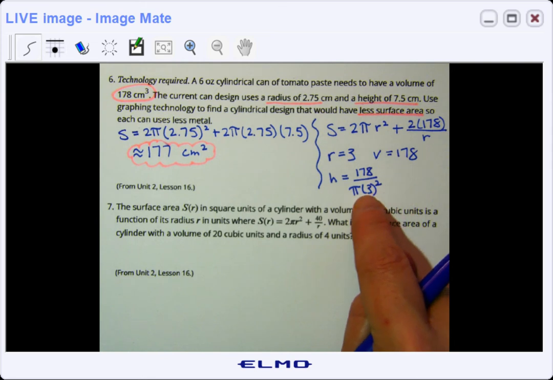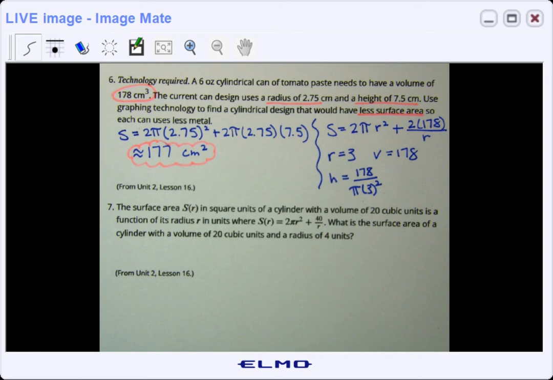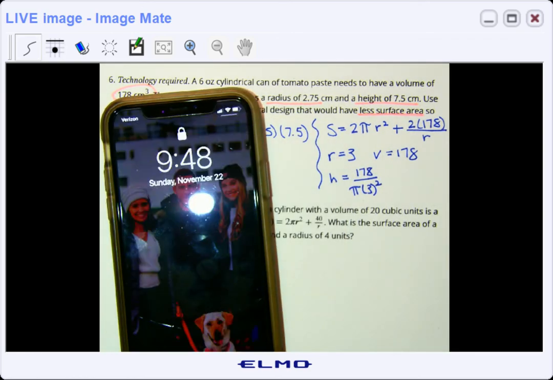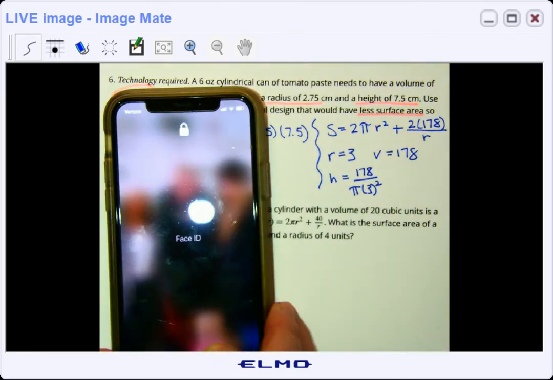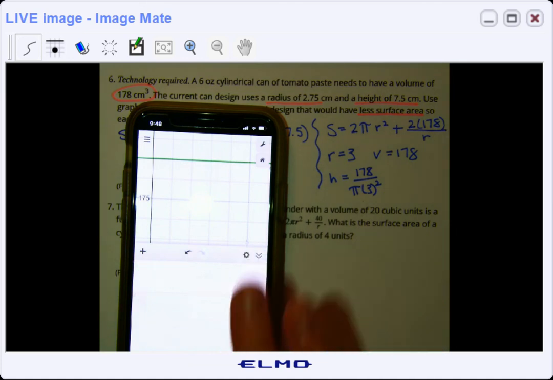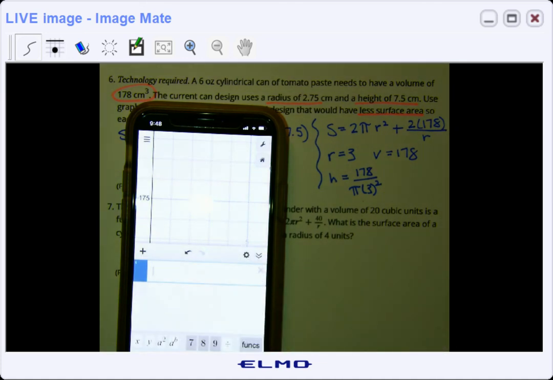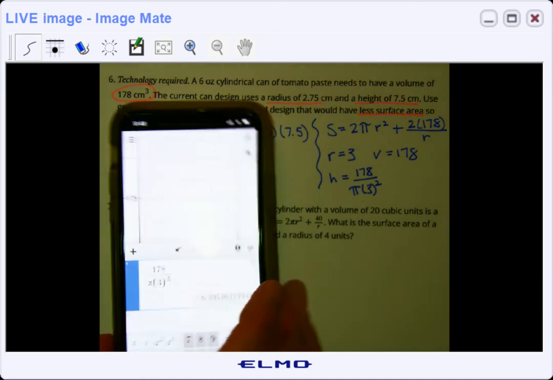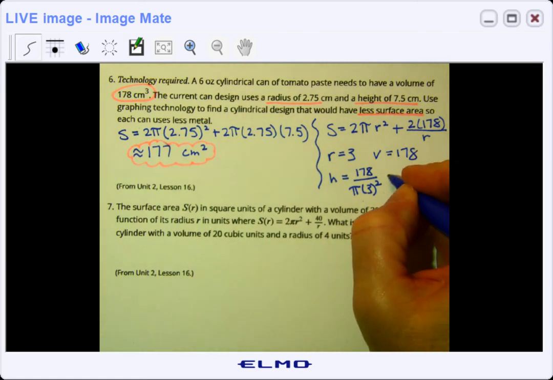Using this formula that we also came up with the other day, I can now solve for height. So 178 divided by pi times 3 squared is 6.29, or about 6.3.